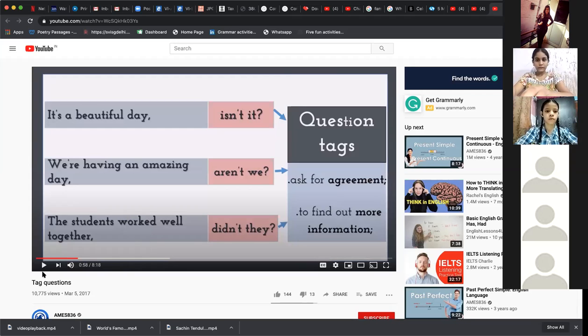See, what does it say? Question tags are for two purposes. Firstly, for agreement. If I say the class is listening, isn't it? So you will say yes if you are listening and no if you are not listening, right? And to find out more information, like if I say Srijanya's camera is off, doesn't it?